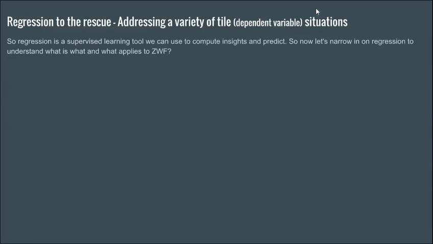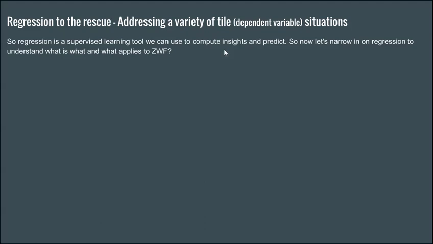Okay? So, as you can see, regression is a supervised learning tool, and we can use it to compute insights and predict things. We covered in the previous slide the regression concepts of independent and dependent variables, what we want to predict, and predictors, as well as our goal to determine correlations and connections between the two.